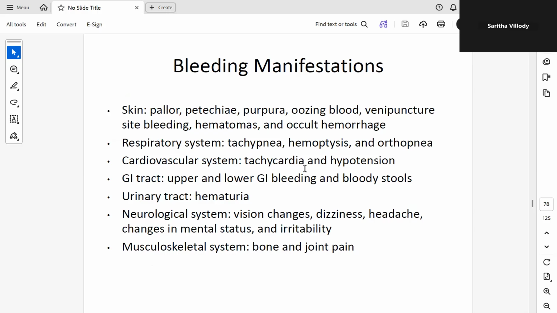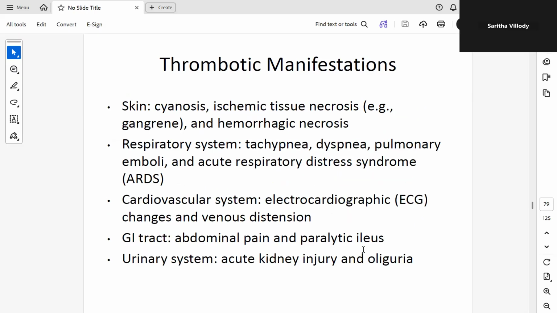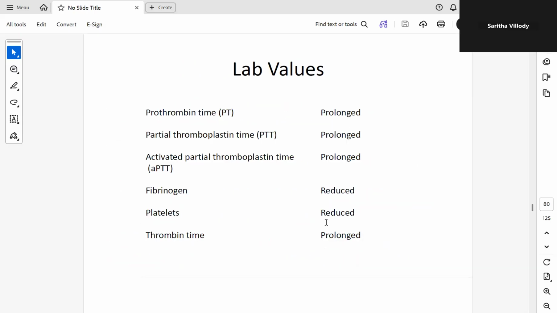In the respiratory system, you'll see hemoptysis, orthopnea, tachypnea, tachycardia, hypotension, GI bleeding, hematuria, and even in neurologic assessment, any signs of intracranial bleeding, or any bleeding into the joints or something like that. Thrombotic manifestations you commonly notice are ischemia and necrosis of the extremities. A patient could develop acute respiratory distress syndrome, ECG changes, abdominal pain. So a lot of vague symptoms of bleeding and clotting can be found.